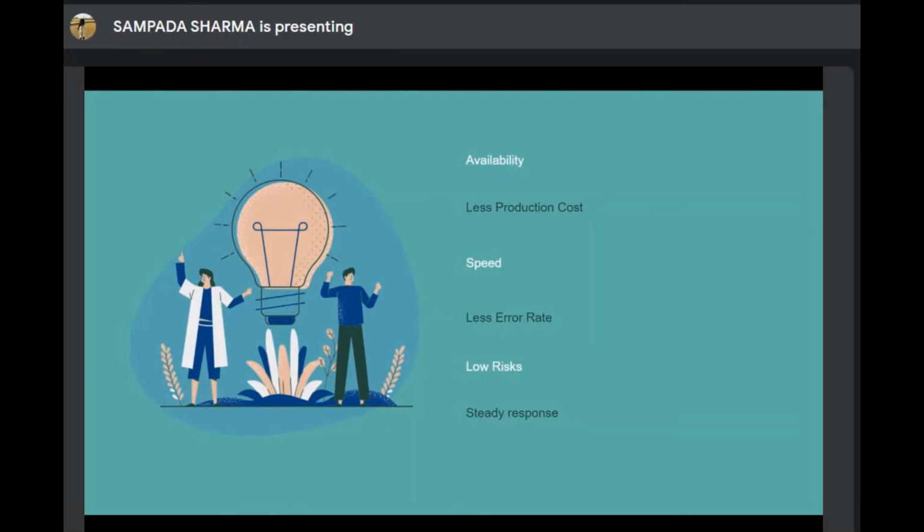Less error rate. Low risk, meaning they're capable of working in hazardous environments that are dangerous to humans. Steady response, they're not troubled by fatigue or tension or any of that sort.